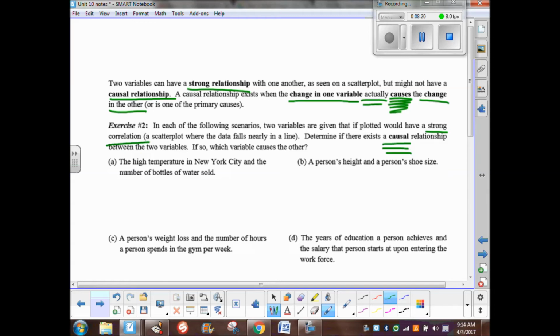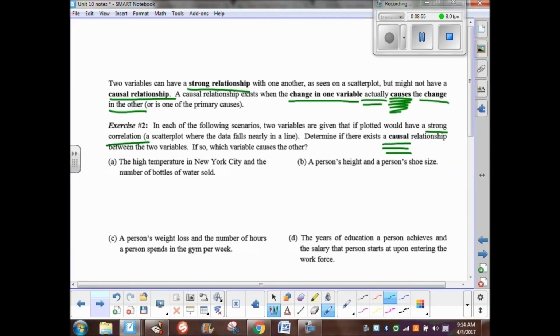The high temperature in New York City and the number of bottles of water sold. Does one cause the other to happen? You guys are shaking your heads, you're saying yes. Why? What do you think? Yeah, the hotter it gets, the more people are going to get thirsty, the more we're going to sell those bottles of water.